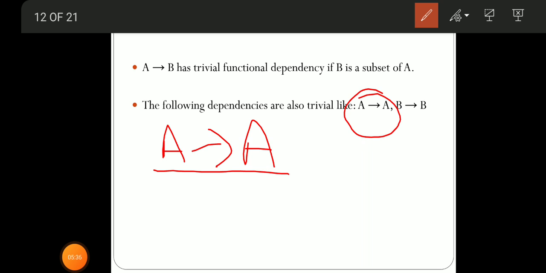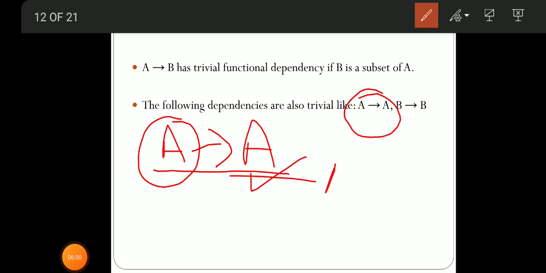Now check the first condition, whether the right hand side attribute is a subset of the left hand side or not. Yes. Now the second condition, see the attributes present on the left hand side A, and on the right hand side again A. Is there any common attribute?